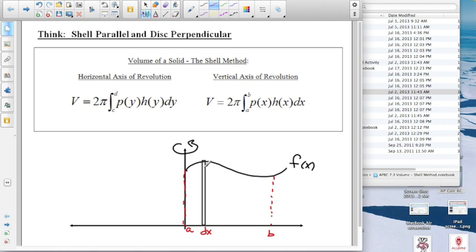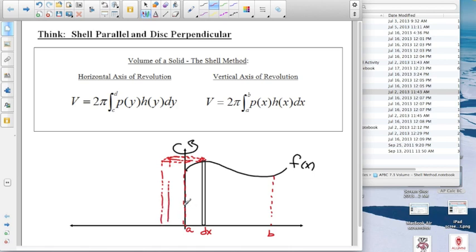So as we rotate this incremental rectangle around the y-axis, what we have then is this hollow cylinder here, almost like a soup can or a paper towel roll or something like that.